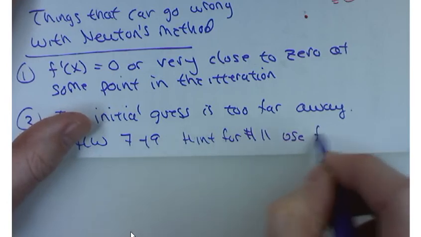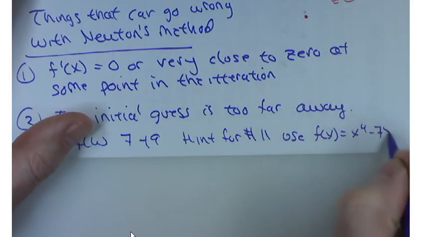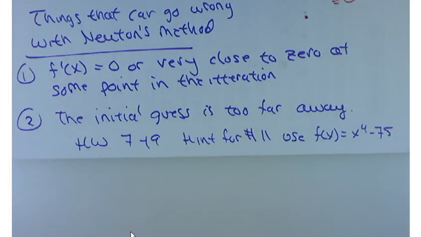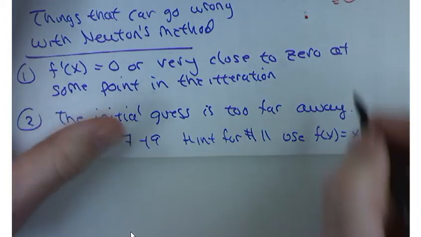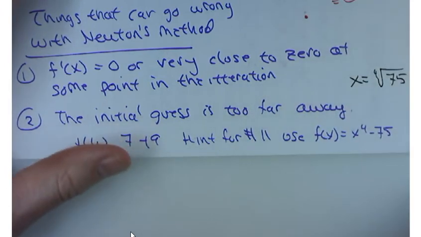Use f of x equals x to the 4th minus 75. Now, why is that? Well, the problem in number 11 is to find an approximation to the 4th root of 75.